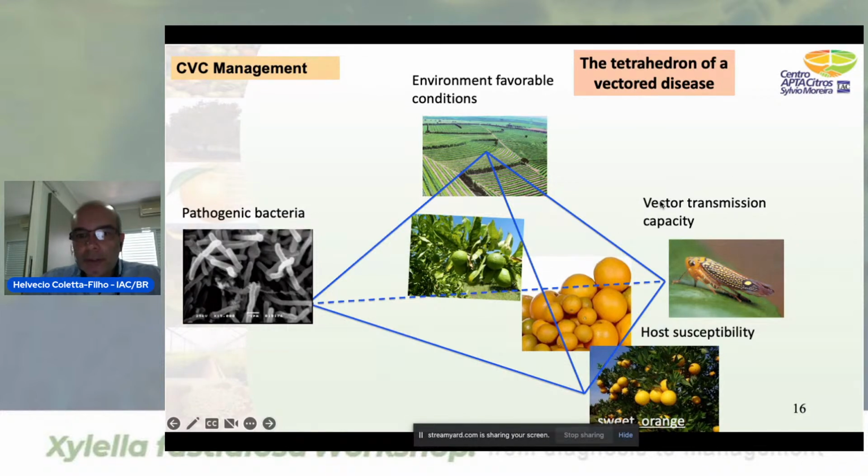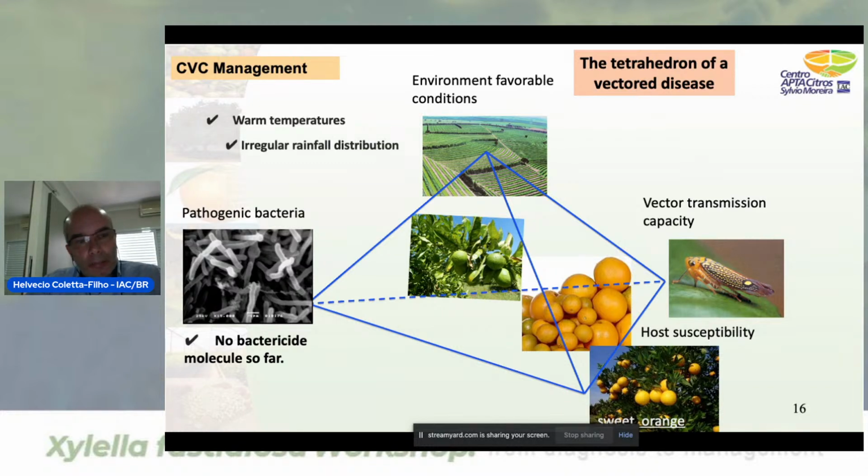You have the vectors and also the environmental conditions favorable to disease expression, based on the fact that they have warm temperatures and irregular rainfall distribution.